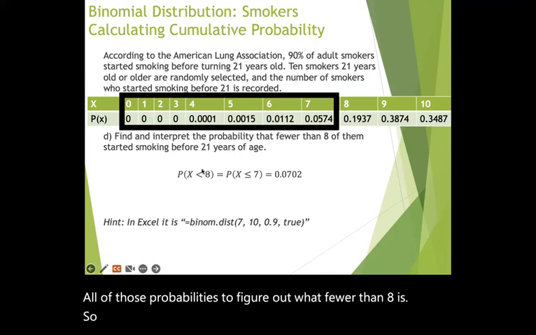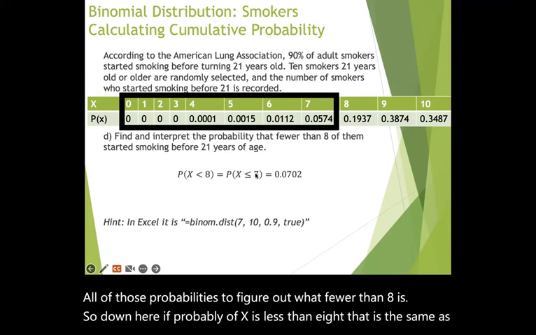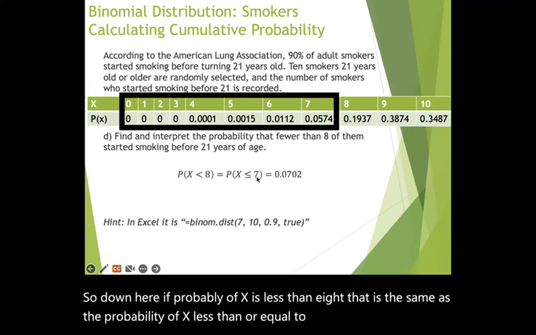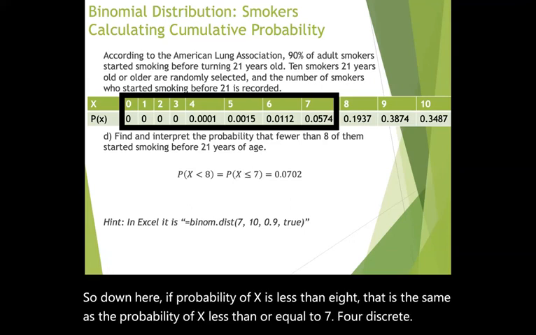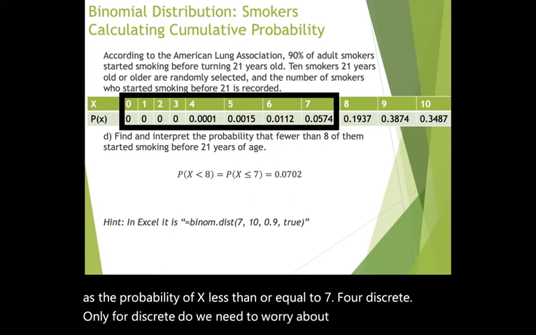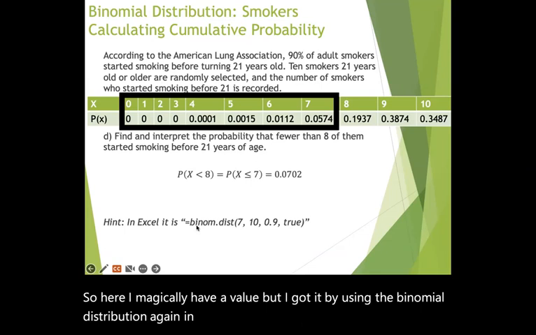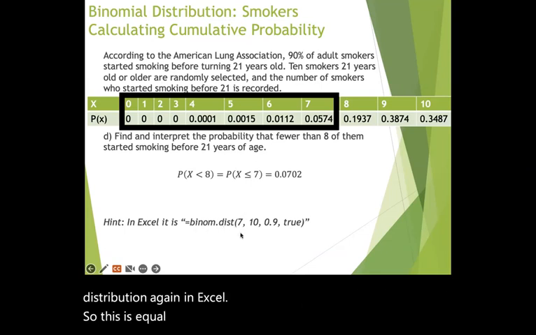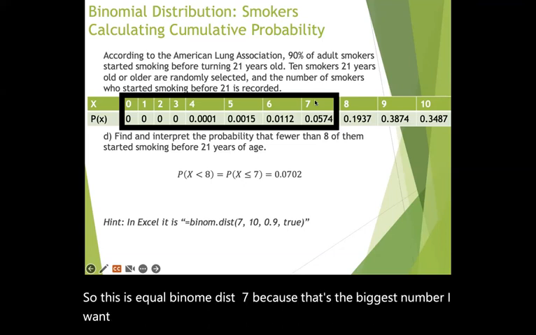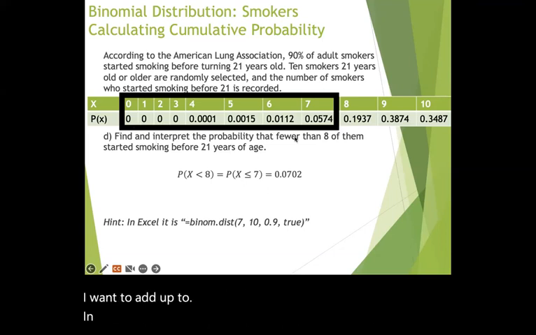So now down here, the probability of x less than 8 is the same as the probability of x less than or equal to 7 for discrete. Only for discrete do we need to worry about that. So here I magically have a value, but I got it by using the binomial distribution again in Excel. So this is equal to binom.dist, open parenthesis, 7, because that's the biggest number I want to add up to in terms of these probabilities.